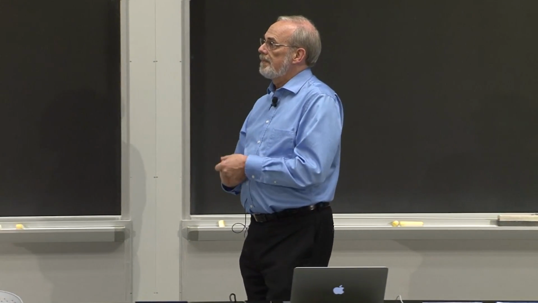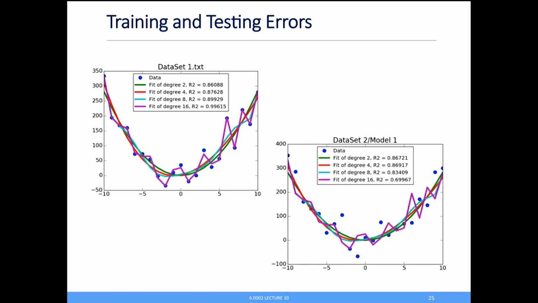You can see it here. All right, the upper left is my training data, dataset 1. There's the set of models. This is now taking that and applying it to a different data set from the same process. And notice, for the degree 2 polynomial, the coefficient of determination, 0.86, now 0.87. The fact it's slightly higher is just accidental. But it's really about the same level.